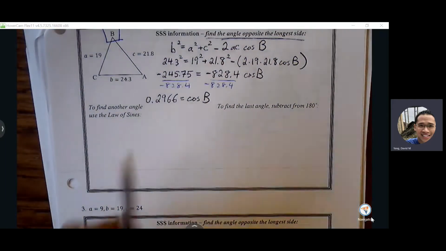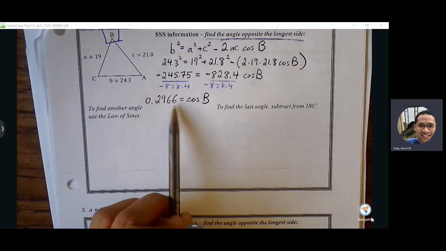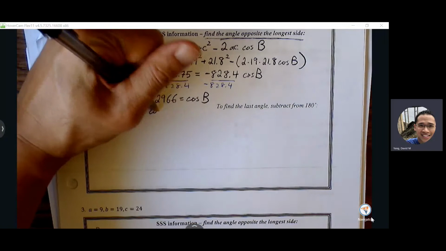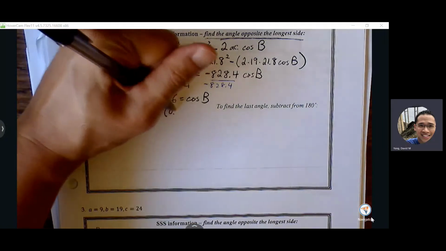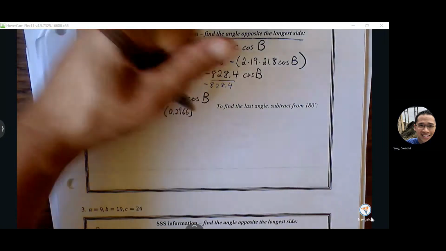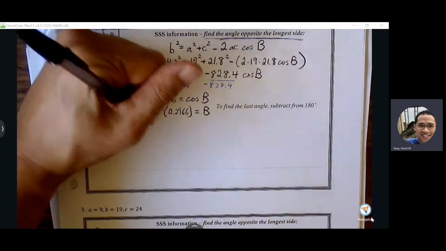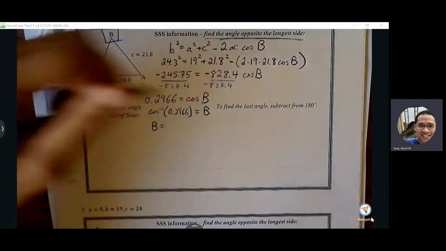Two negatives become positive, and now finally we can involve inverse cosine. Angle B.